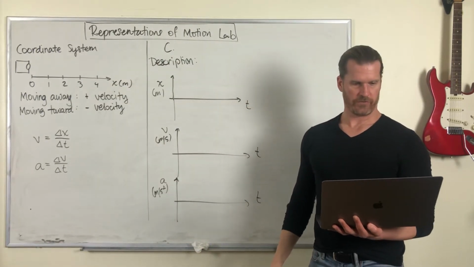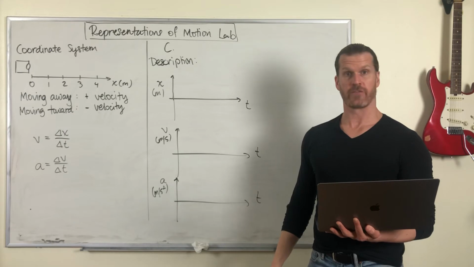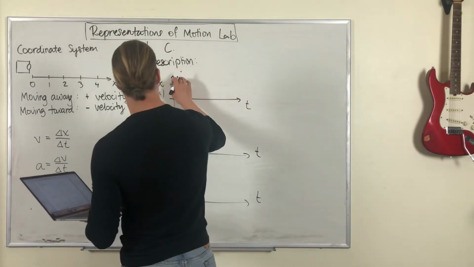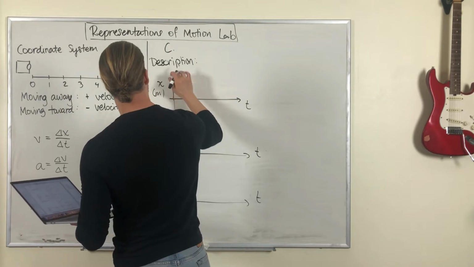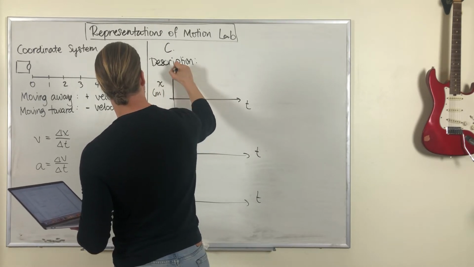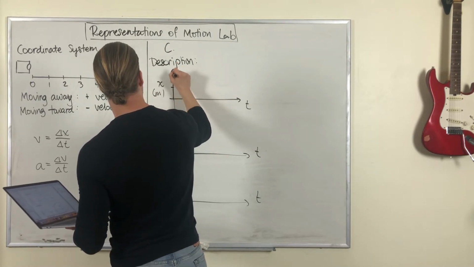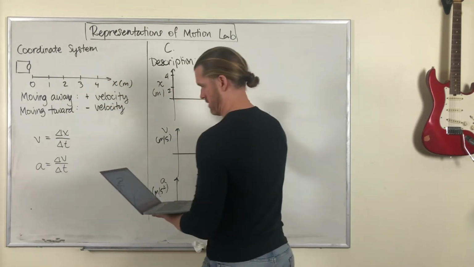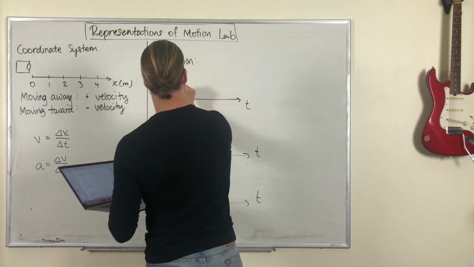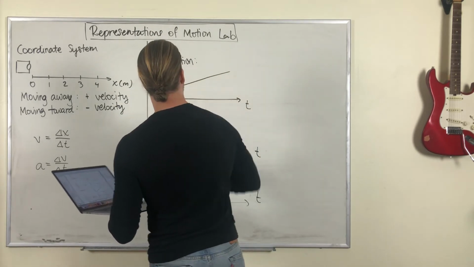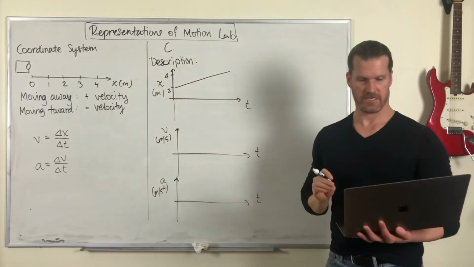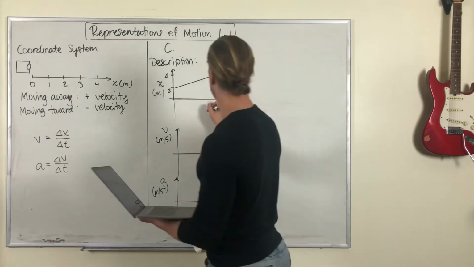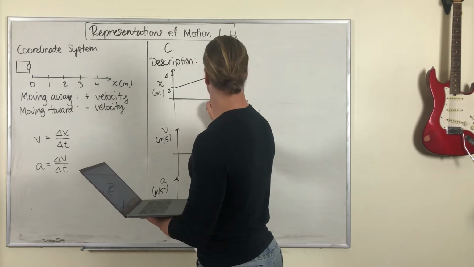In part C, we're also given just the position graph. It looks like it goes from 2 to 4 over the course of a few seconds. They kind of label some times here.